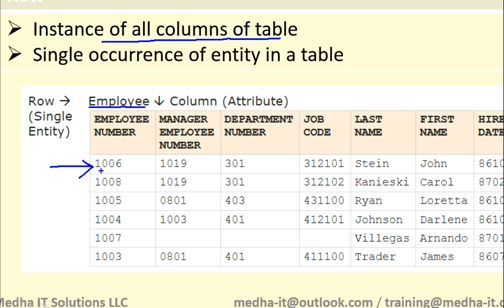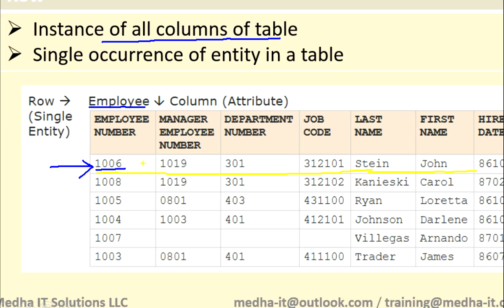So for example, the first row, 1006, is an employee instance. So this first row specifies one employee, right, which is Steen and John. So in theory, this table will not have any other instance that is similar to this first row.